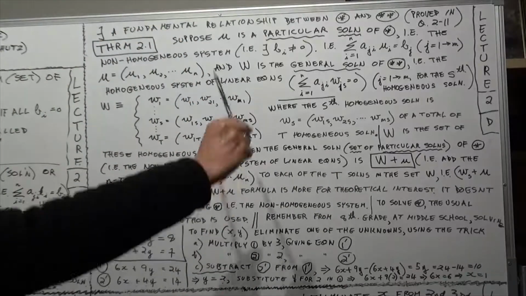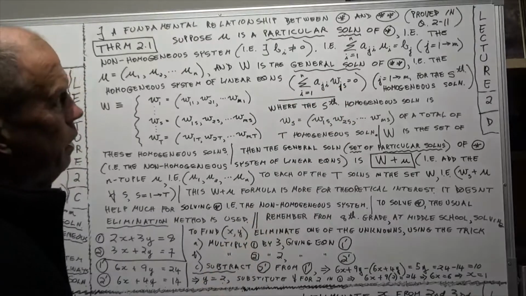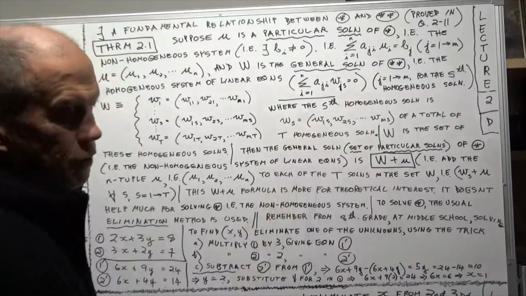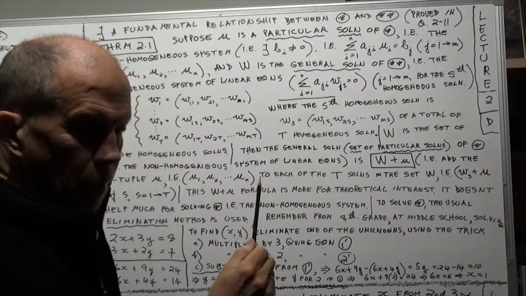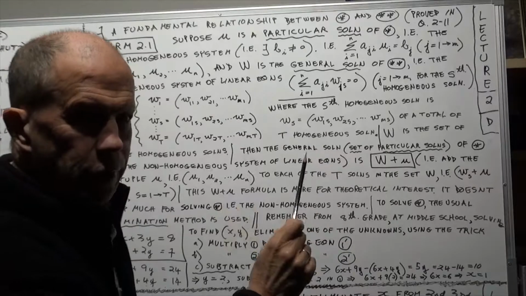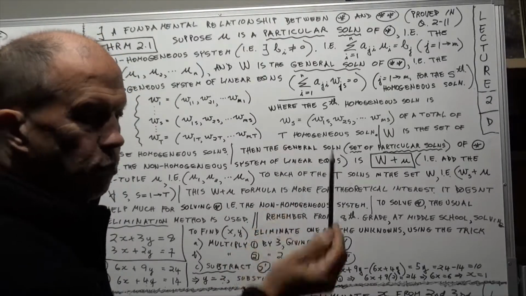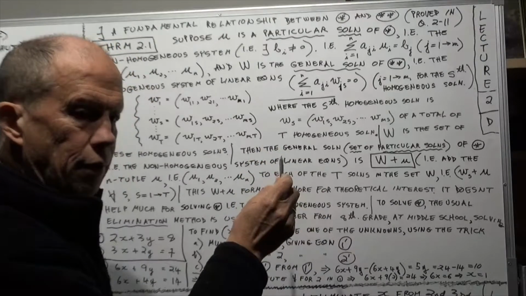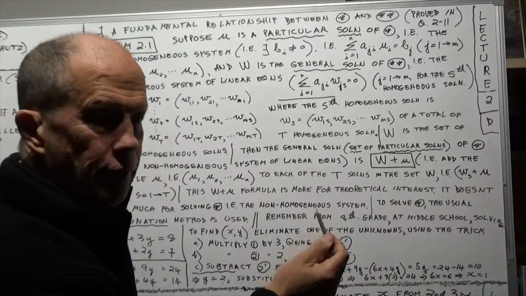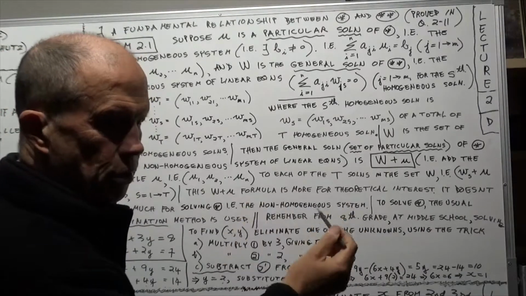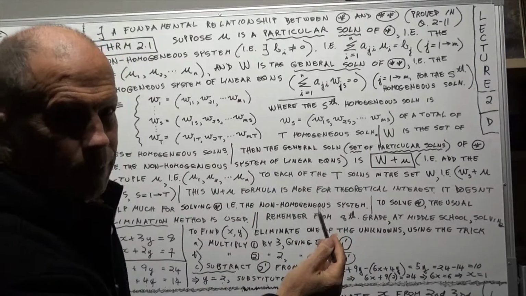Okay. So remember from last session, a particular solution of the non-homogeneous case is just an n-tuple that satisfies every equation in the system. To satisfy just means when you plug in the values, the components of your n-tuple, that is the solution, into your equation, the left-hand side equals the right-hand side.